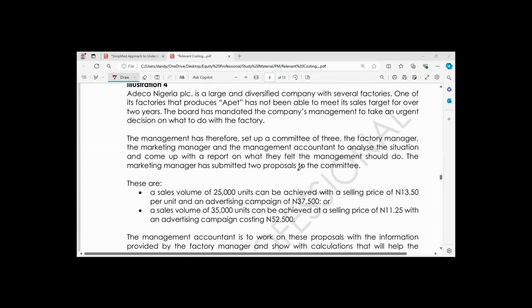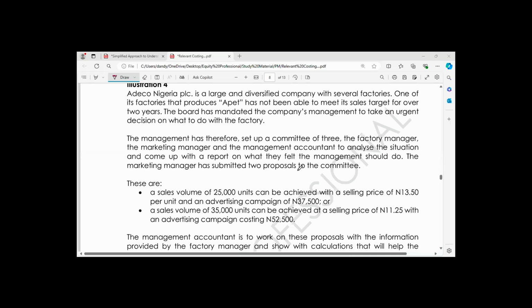The board has mandated the company's management to take an urgent decision on what to do with the factory. The management has therefore set up a committee of 3, the factory manager, the marketing manager, and the management accountant, to analyze the situation and come up with a report on what they felt the management should do.